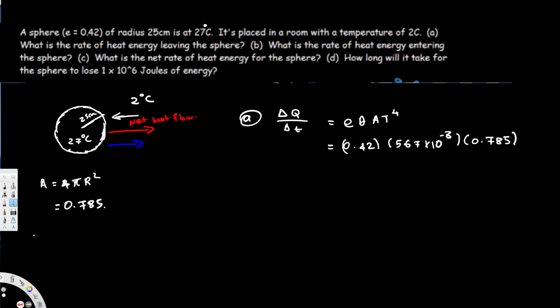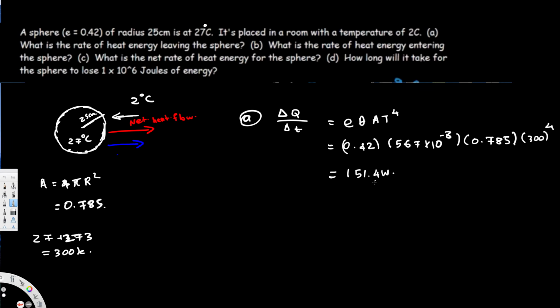So 27 plus 273 is equal to 300 Kelvin. So this is going to be 300 to the power 4. If you plug in all these values, you will get 151.4 watts.